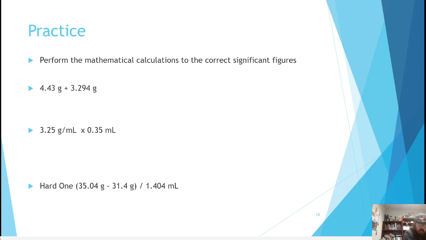And this one is a hard one because it's a two-step. How would we go about doing that? So order of operations, we'll look at that in just a second. Okay, with that in mind, we'll jump to that.